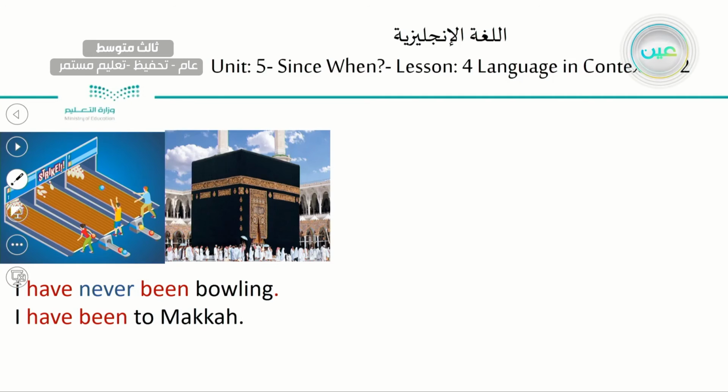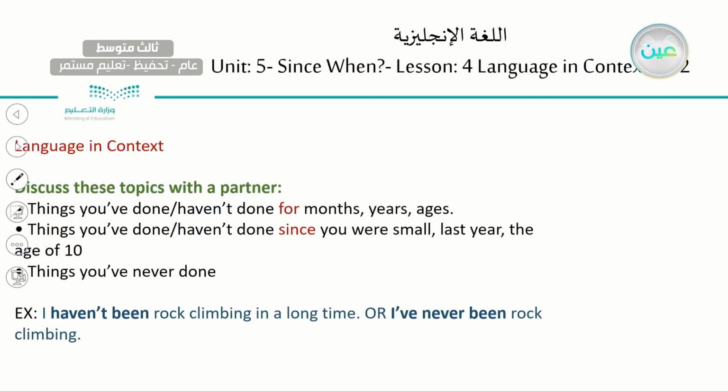The last 3 pictures, I have never been bowling, okay? Or I have been bowling before with my friends. I have been to Mecca, or I have never been to Mecca. Both are correct. Now, he said discuss these questions.